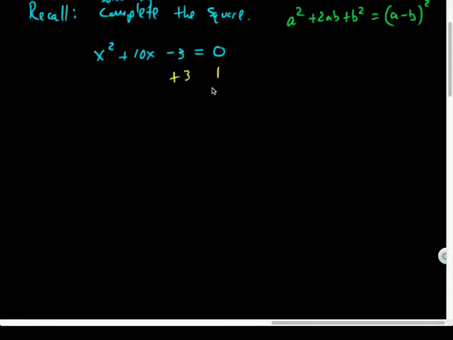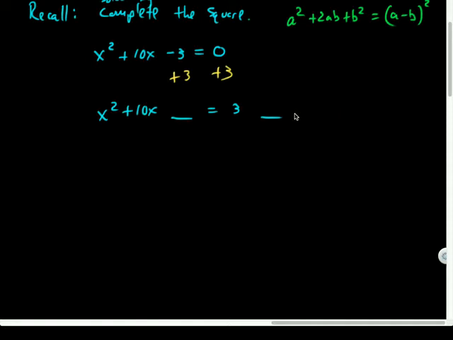So we'll add 3 to both sides because I don't want that anymore. And so I'll have x squared plus 10x blank equals 3 blank, all right? And then I'd say, okay, what could I put here that would make it fit this pattern? I want it to complete the pattern.